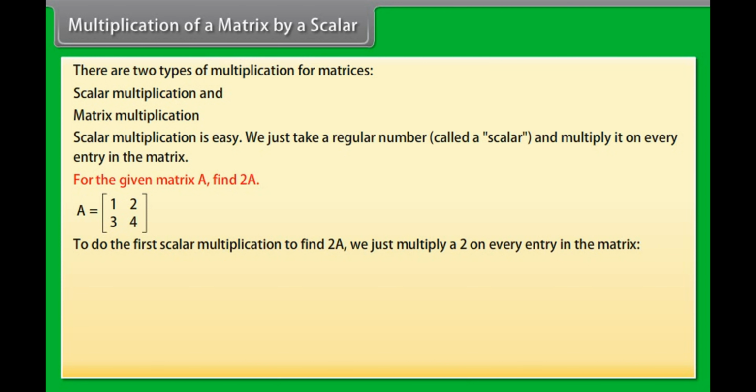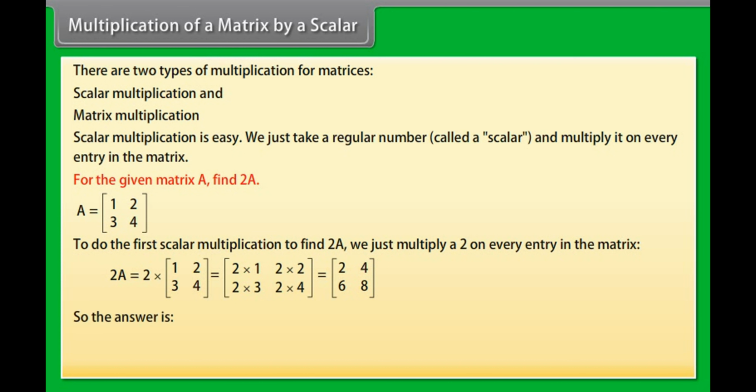To do the first scalar multiplication to find 2A, we just multiply a 2 on every entry in the matrix. 2A is equal to 2 into the matrix, first row 1, 2, second row 3, 4, which is equal to the matrix, first row 2 into 1, 2 into 2, second row 2 into 3, 2 into 4, which is equal to the matrix, first row 2, 4, second row 6, 8.